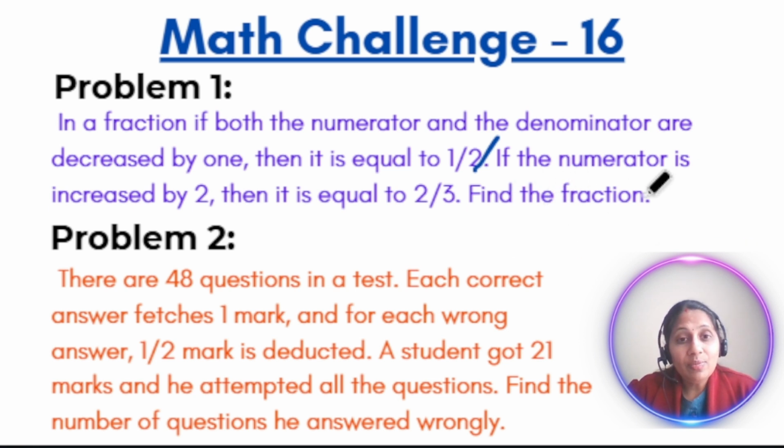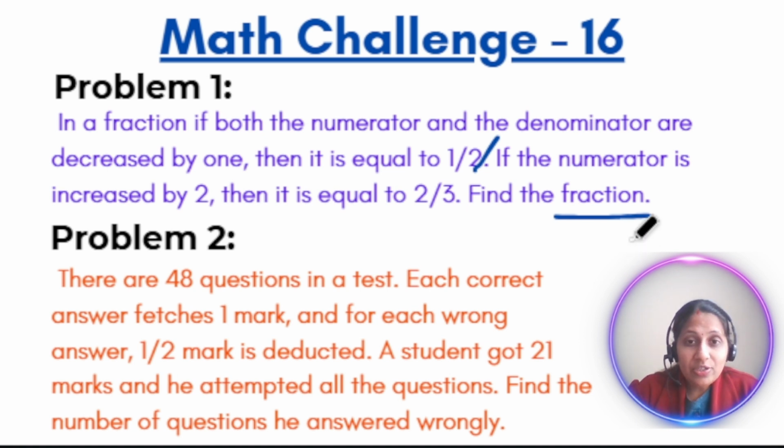Then if the numerator is increased by 2, only the numerator, the fraction becomes 2 by 3. Find the fraction. I hope you can easily get 2 equations out of this. It is in fractional form. Try to bring it to the linear form, without any denominators. Then go for choosing the method and solving it.